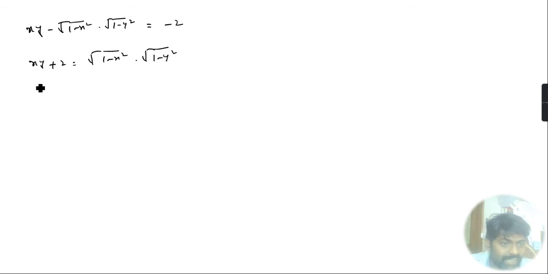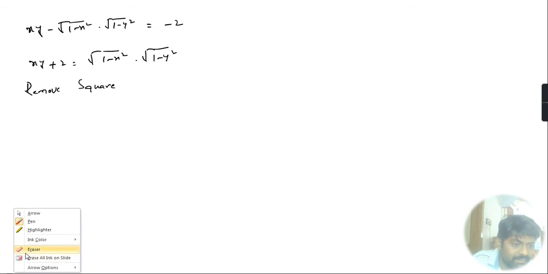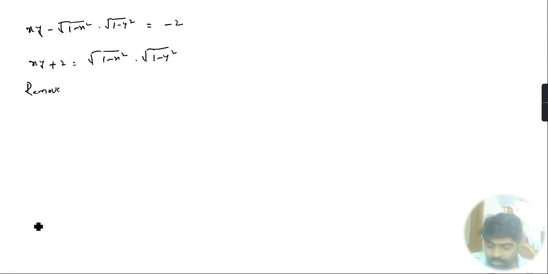So removing the root, not square, we remove the root.